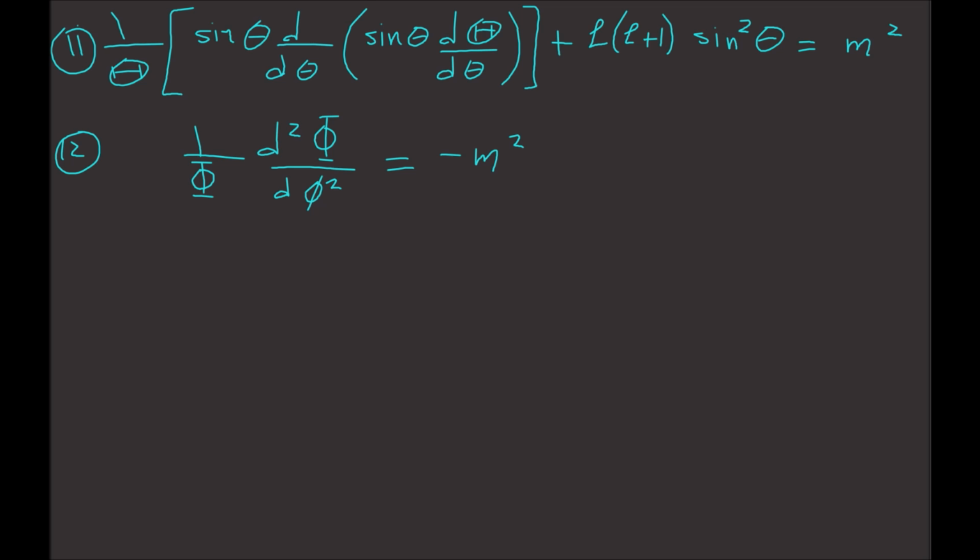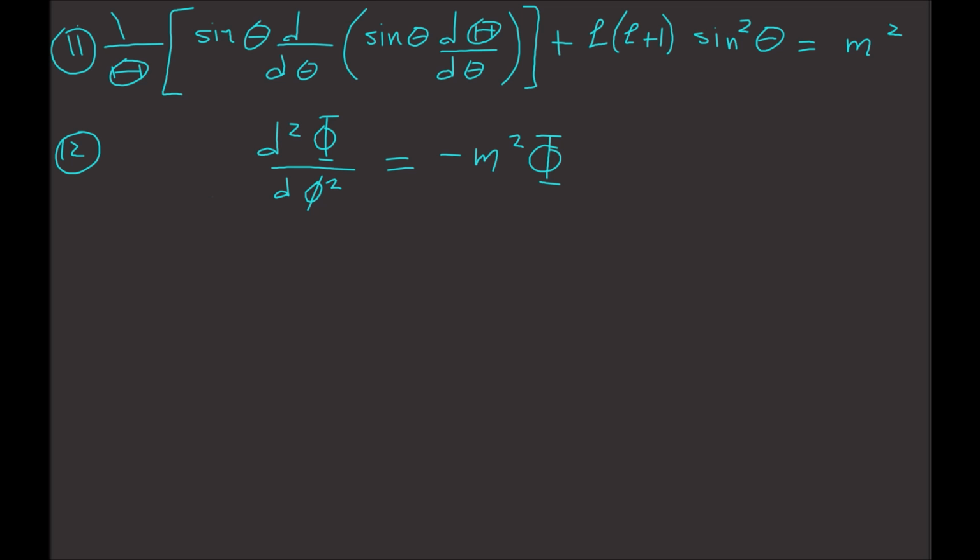So multiplying both sides by theta, we get a theta here, and this disappears, right?